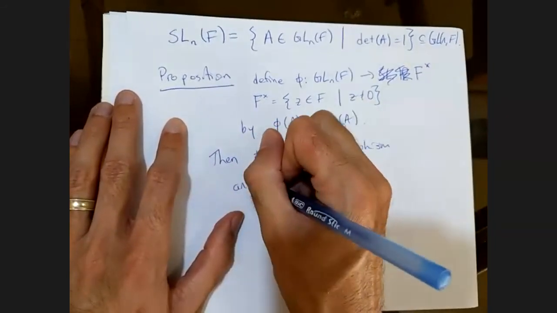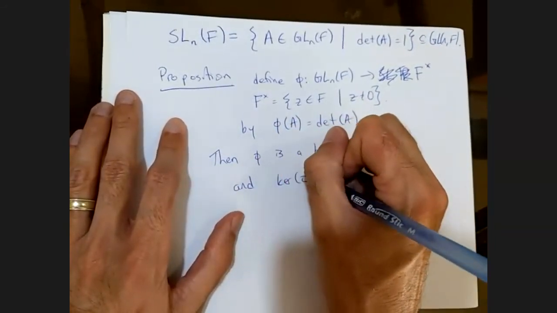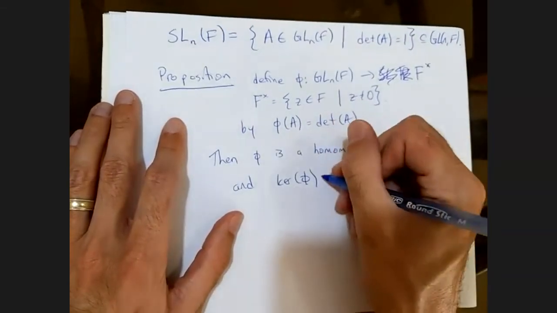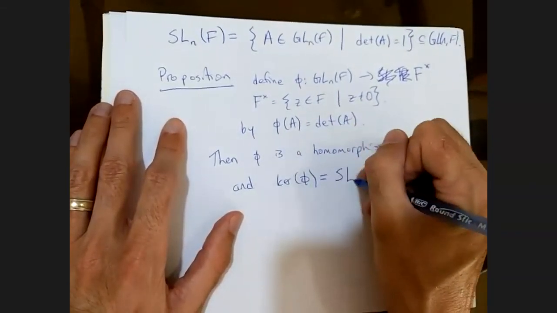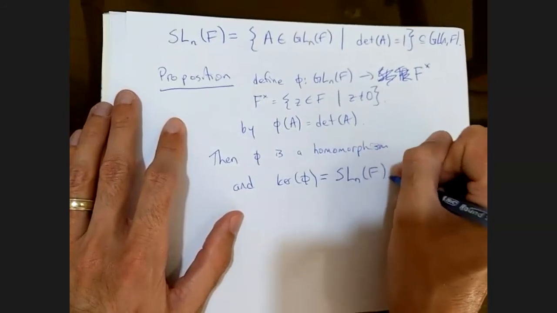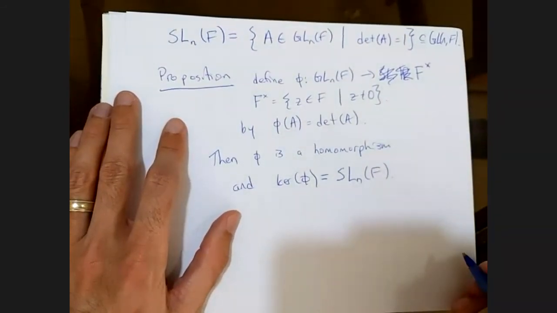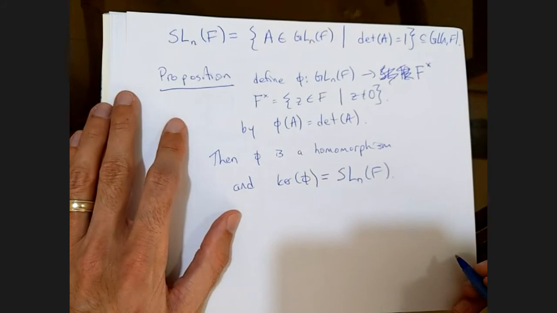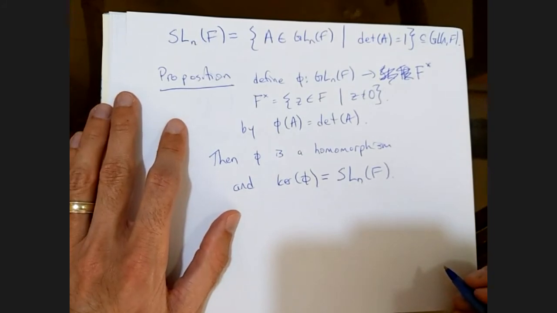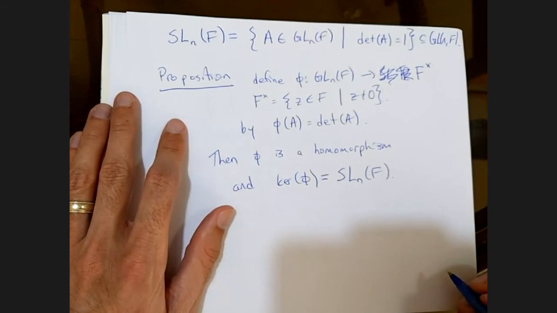And the kernel of phi, well, that's the matrices of determinant 1, also known as the special linear group. Okay. And that gives us a whole bunch more examples of groups.